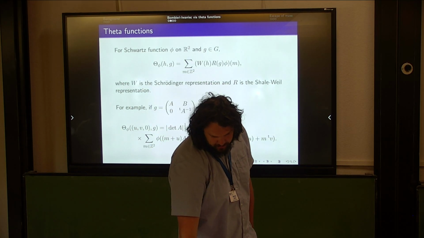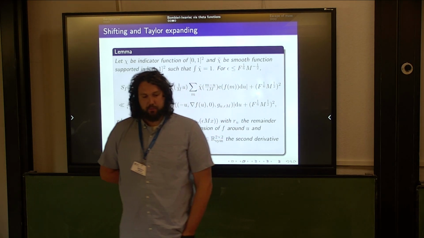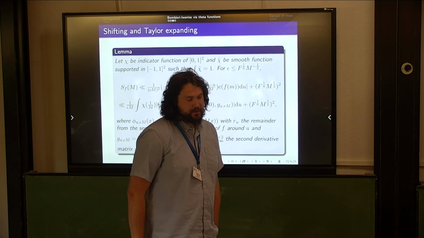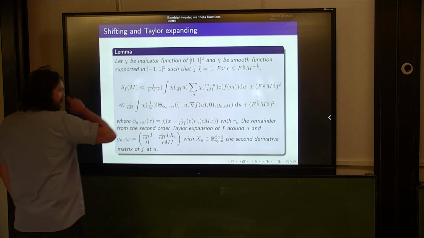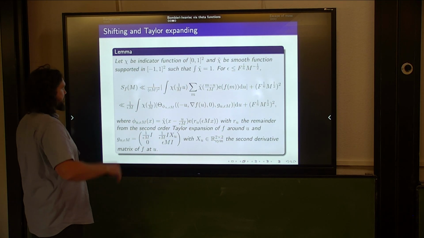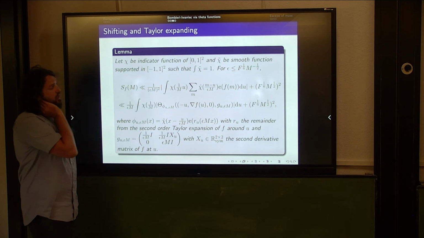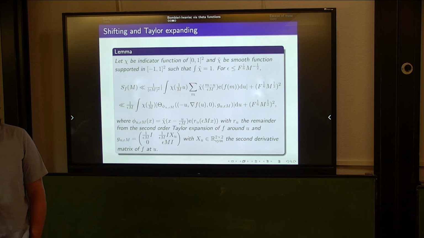Okay, so that's important because the way that the Bombieri-Iwaniec method works is that in this first line here, we start with our exponential sum. At least in the case of summing over a square, we can approximate the indicator function of a square with a convolution.